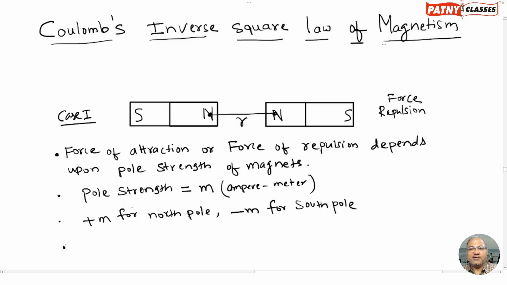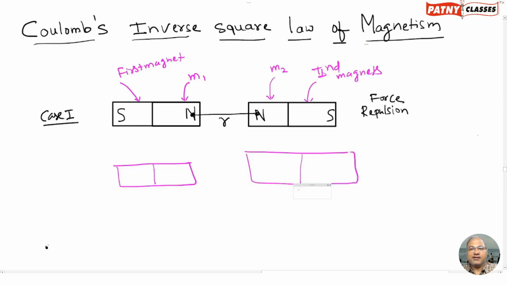It is the very popular symbol for denoting the pole strength of a magnet. So plus m is taken for the north pole and minus m, negative pole strength, for the south pole. Here we have two magnets, first magnet and second magnet. M1 is the pole strength of the first magnet, M2 is the pole strength of the second magnet.